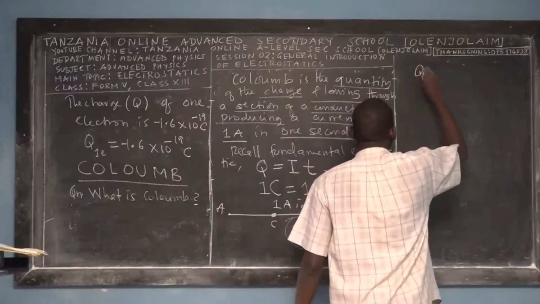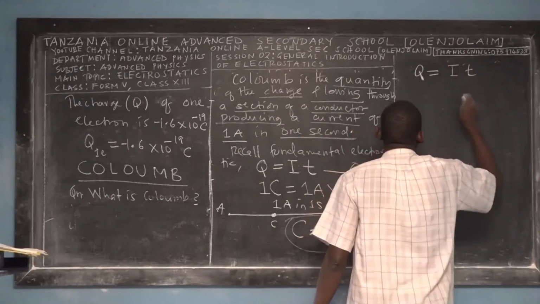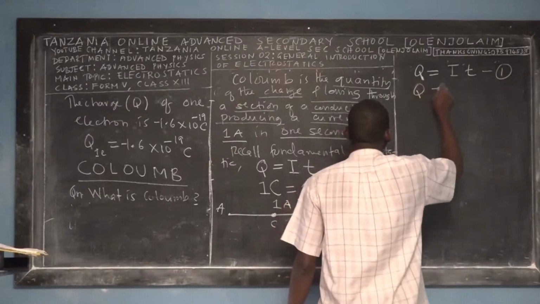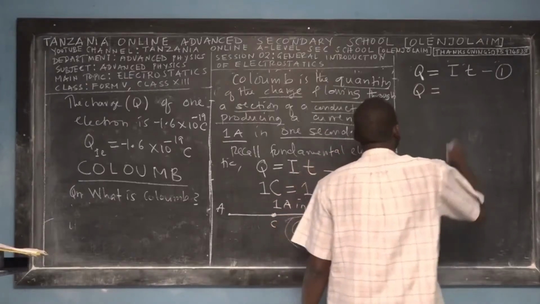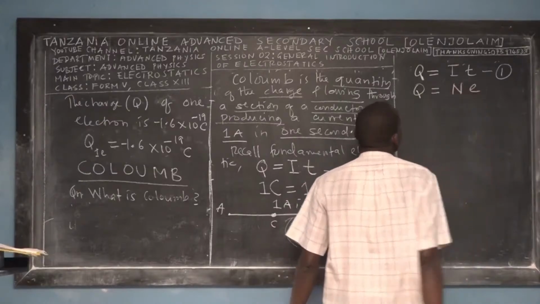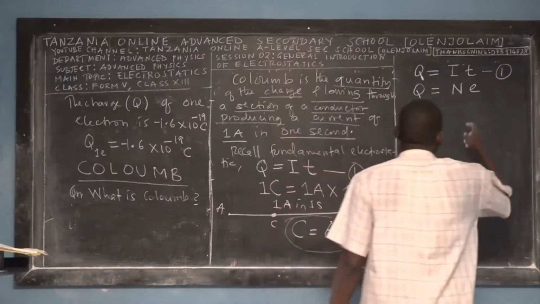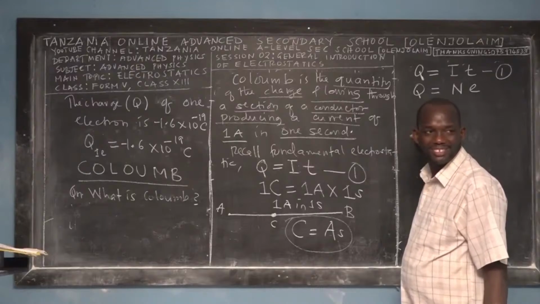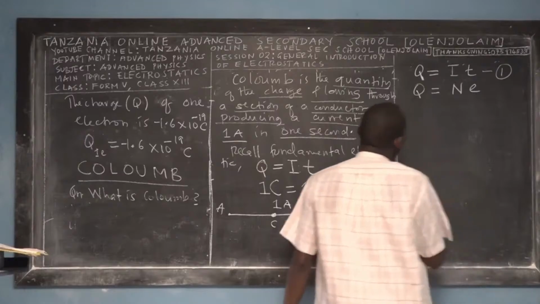We learn that quantity of charge is equal to the product of current times time. Suppose that is the first equation. Also, in fundamental electrostatics, which is called static electricity in O level, we learn that quantity of charge is equal to the number of electrons times the electronic charge. Did you learn this stuff? Yes, sure.